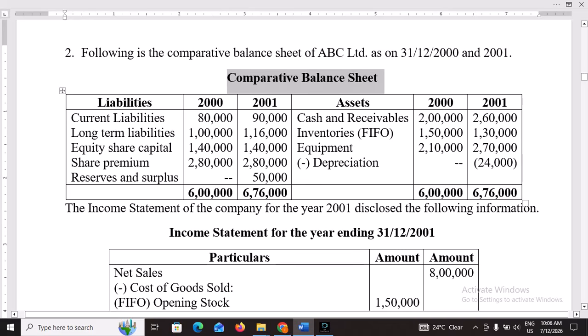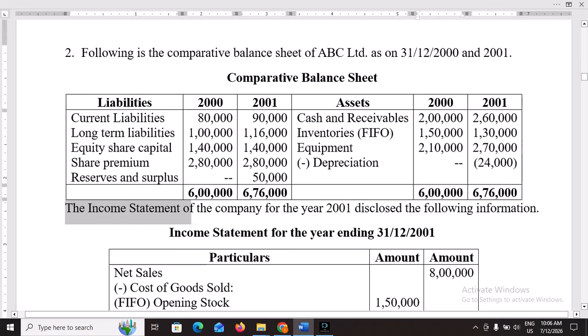Liabilities 2000, 2001: current liabilities, long-term liabilities, equity share capital, share premium, reserves and surplus. Total 6 lakh, 6,76,000. Cash and receivables, inventory at FIFO, equipment less depreciation. Total 6 lakh, 6,76,000. Correct?